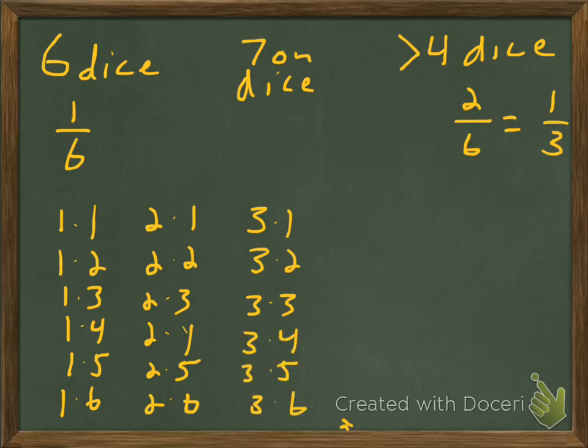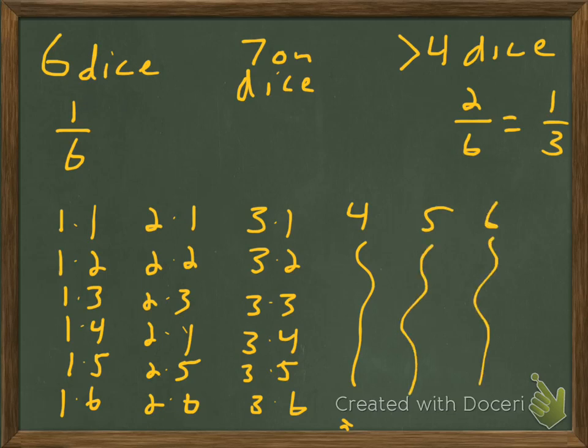How many different columns am I going to end up having? 6, so we've got the 4 column, the 5 column, and the 6 column. If I wrote all these out, how many possible outcomes would we have? 36, because there are 6 columns, and each column has 6 different possibilities.